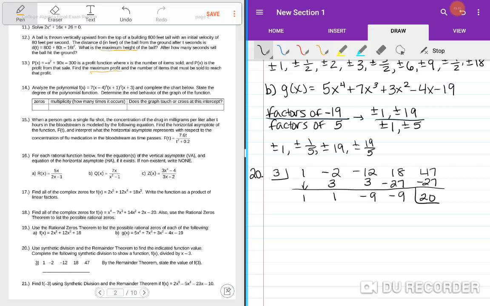All right, so this is the remainder here. And the remainder theorem says that the function value f of 3 is equal to the remainder. So 20.